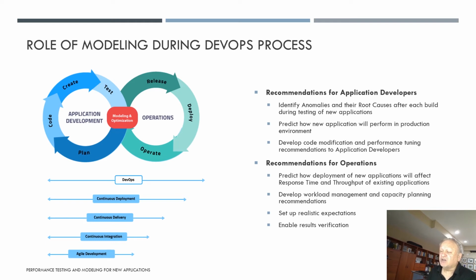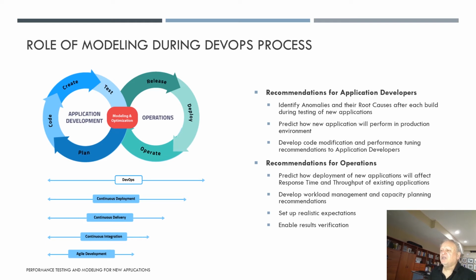We also predict how the new application will affect the existing production environment, and develop recommendations on what should be done proactively to be sure that the new application will have enough resources and the right workload management parameters, and will perform well and satisfy business requirements in the future. It provides value for application developers and operations.